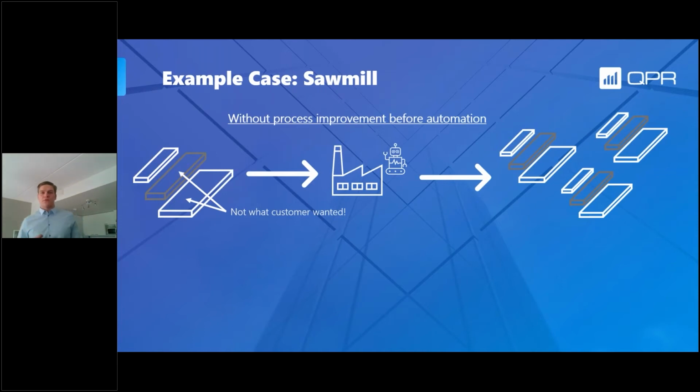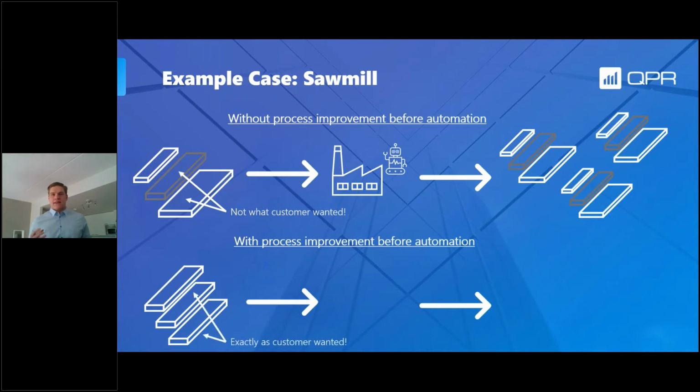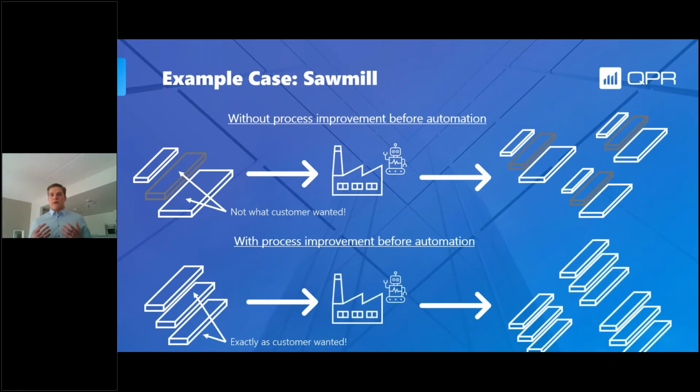Instead, what you want to do is to first improve the process and then automate. So you want to first have the planks exactly as the customer ordered them, and then when you automate the process, you will be able to make more of the correct products that the customers want to buy, and you will be able to reach the return on investment of your automation implementation.